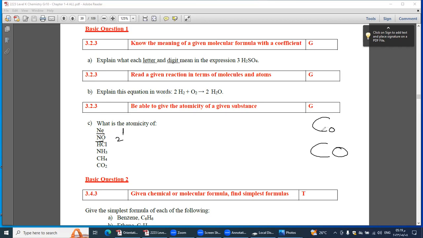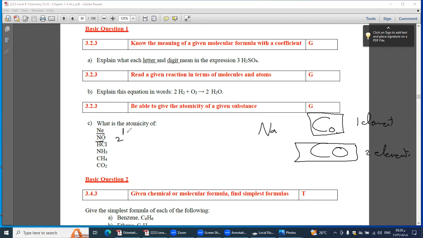So capital and small means one element, like sodium. But capital, capital means two elements.